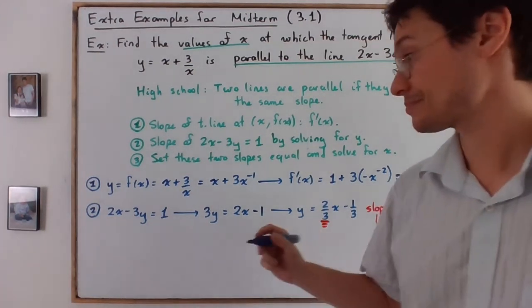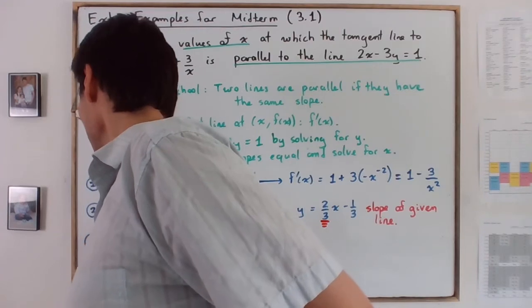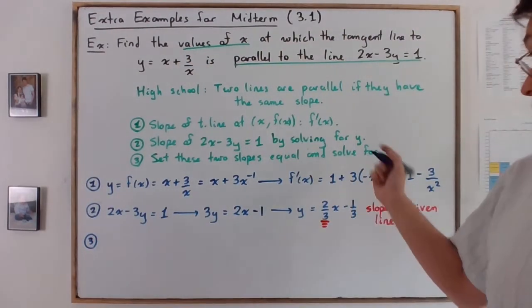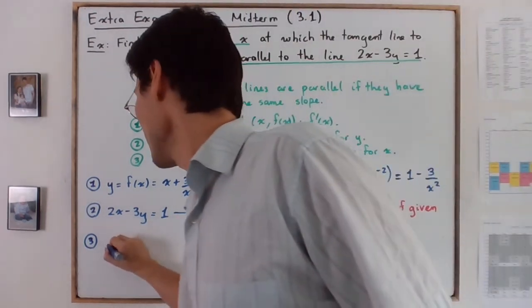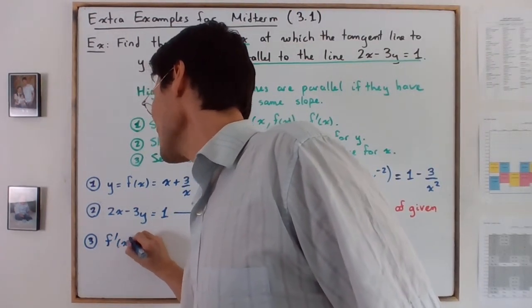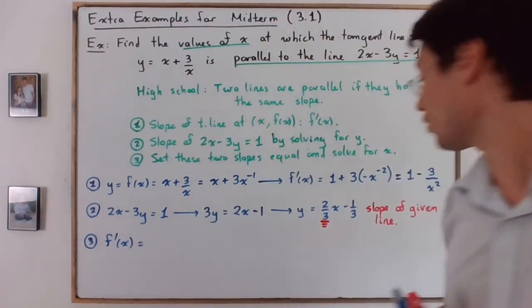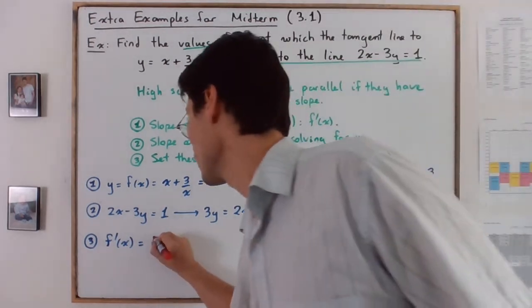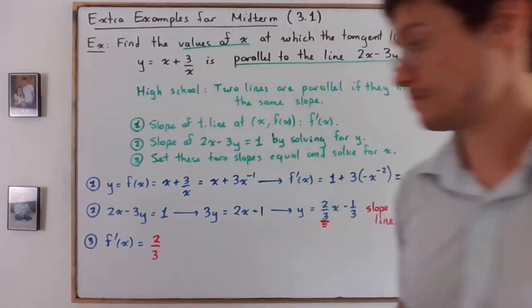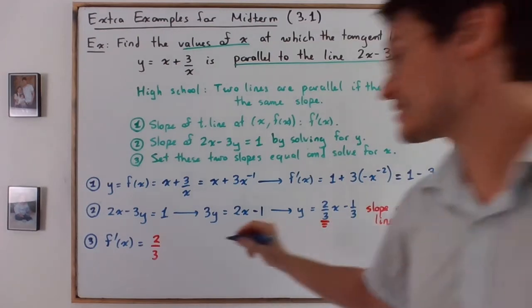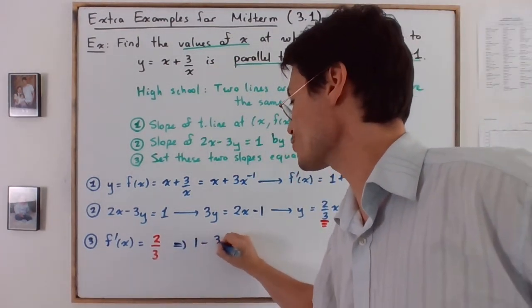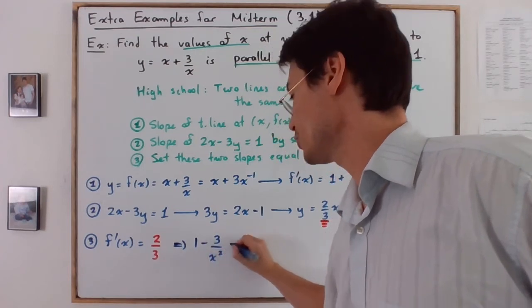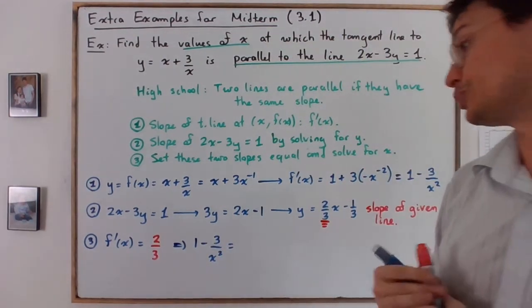Finally, remember that the setup is that we want f prime of x to be equal to that 2/3, meaning that you want 1 minus 3 over x squared to be equal to 2/3.